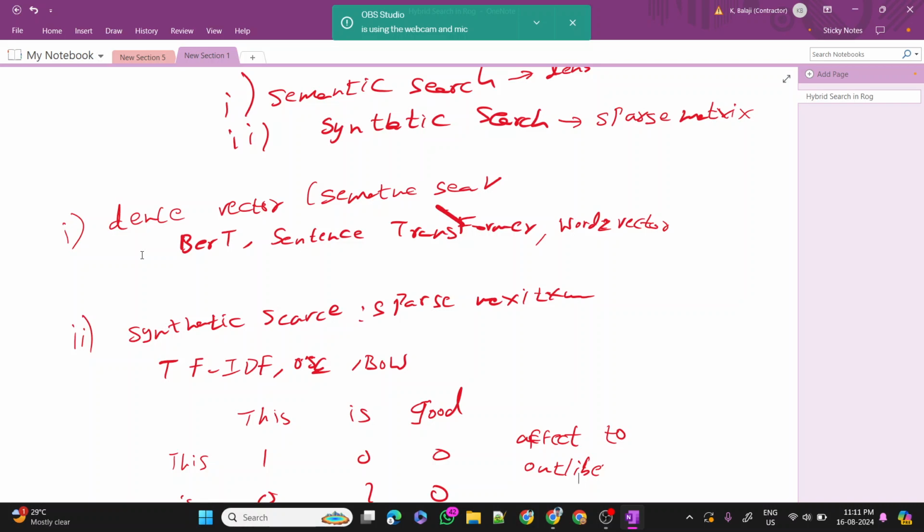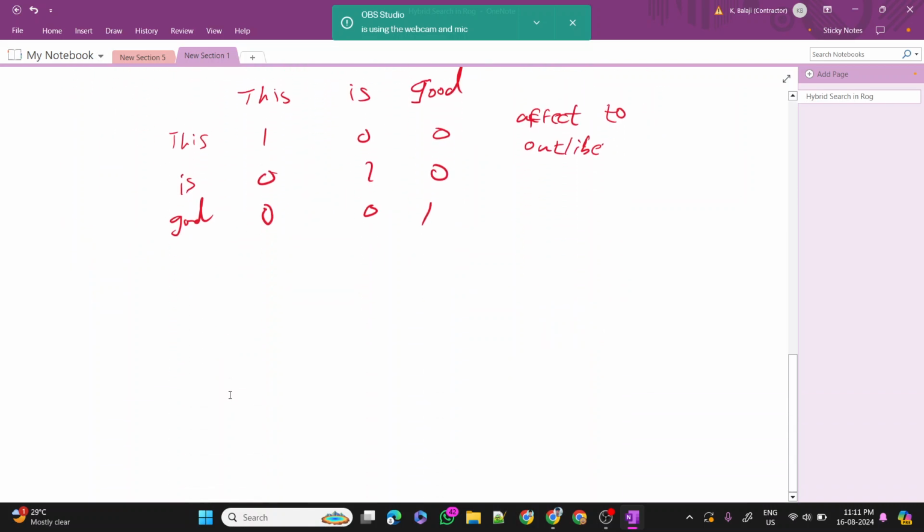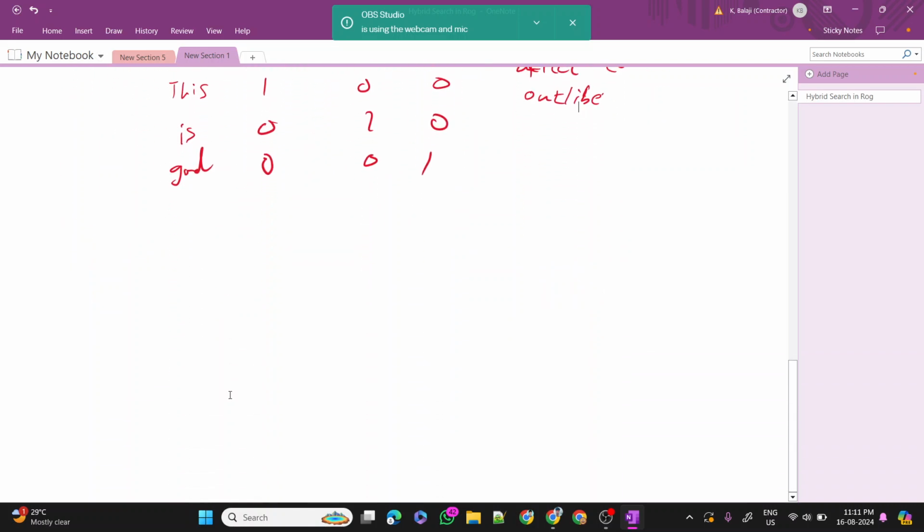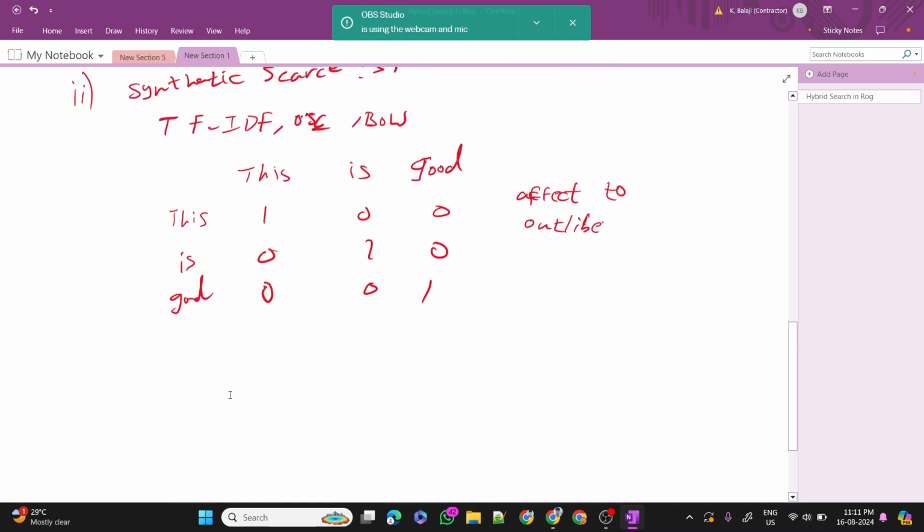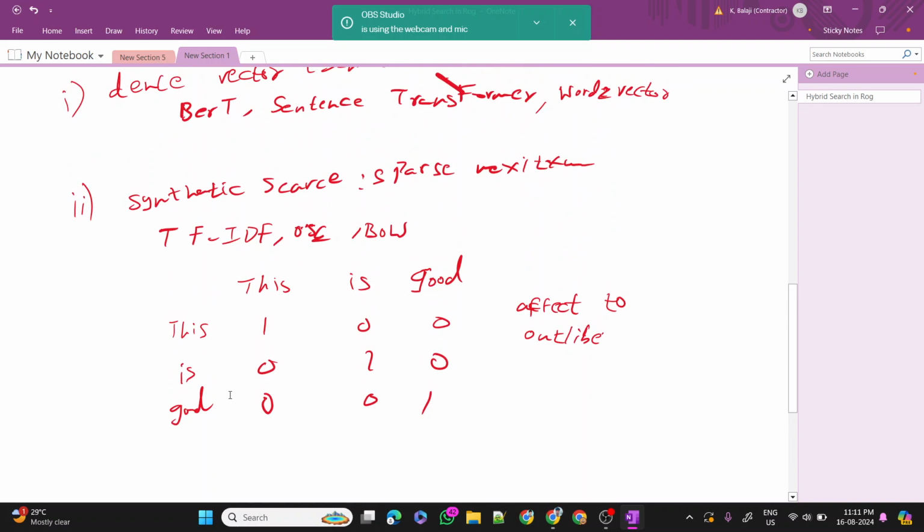A sparse matrix also retrieves good information, but compared to dense retrieval, the accuracy is low, and synthetic search is affected by outliers.